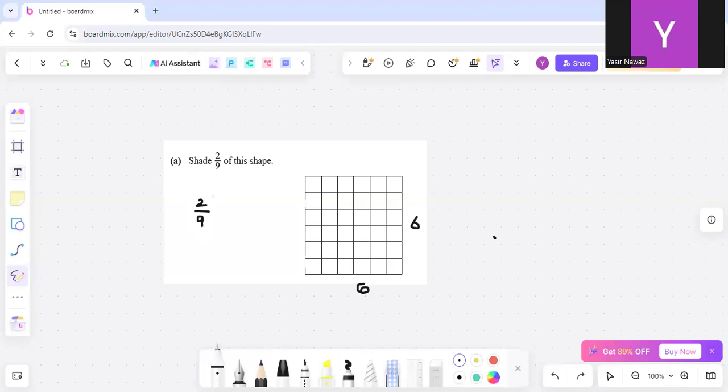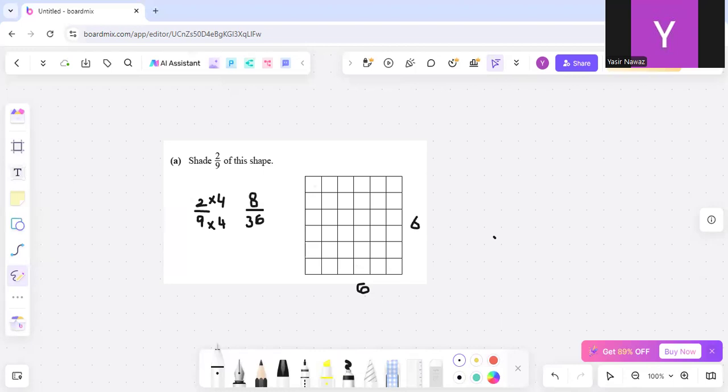So if I multiply 4 with the numerator and 4 with the denominator, I will get 36 in the denominator, and in the numerator it's 8. So if it is 2 out of 9, then it would be 8 out of 36. Because total squares are 36, I will shade 8 out of these 36 squares.